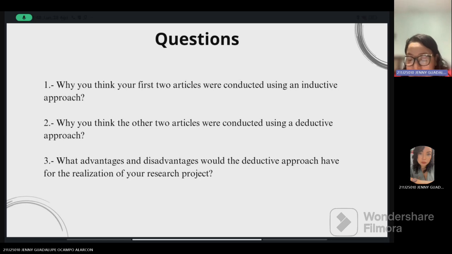So I think this can lead to another question that can change the whole approach of the research. For example, what would be a proposal to improve the other dimensions, or to improve the students' investment in EFL learning? And I think that would be part of a qualitative approach. So I think that will be the disadvantage.